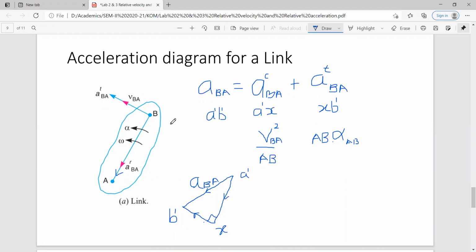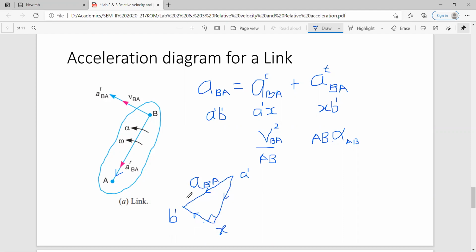The difference between the velocity polygon and the acceleration polygon is that for a velocity vector you draw a single line, but for the acceleration vector you have to draw these two lines, because the acceleration has two components.